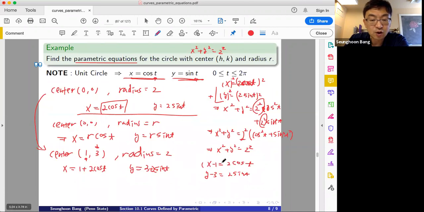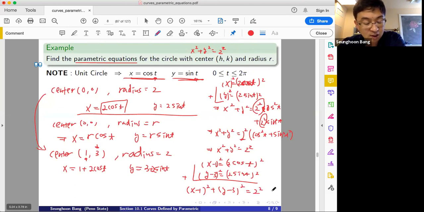So similarly, square both sides and add them. What's that? (x minus 1) squared plus (y minus 3) squared equals 2 squared.